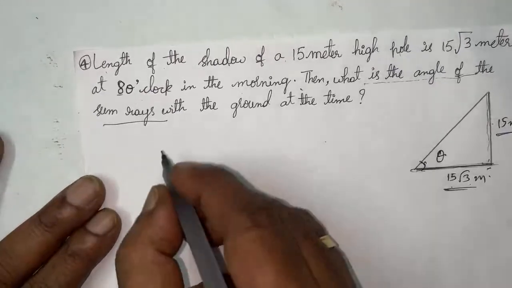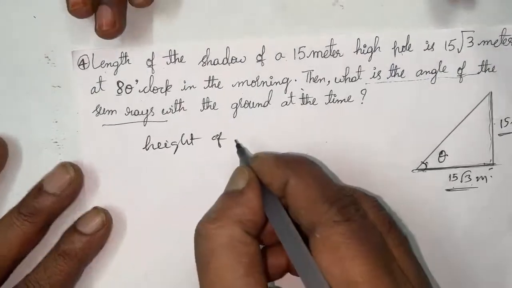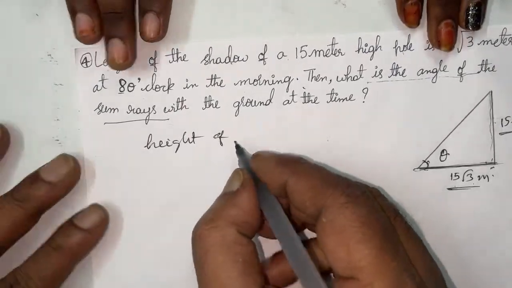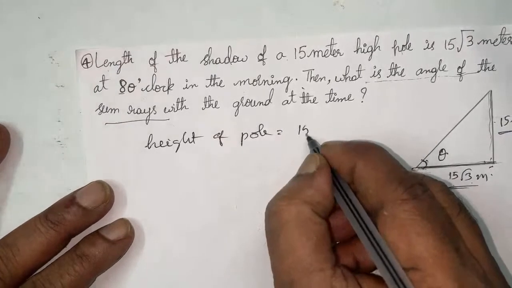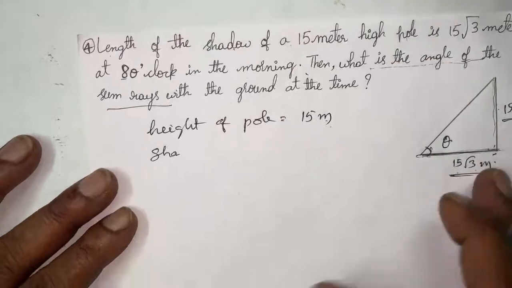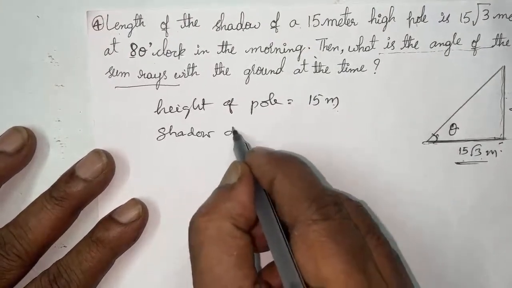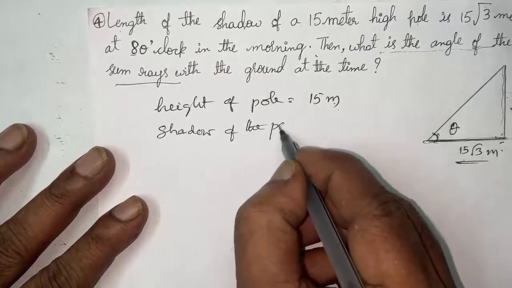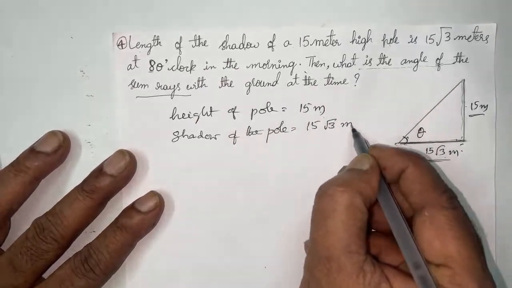Now the information: height of the pole is equals to 15 meters. Next, shadow of the pole is equals to 15 root 3 meters.